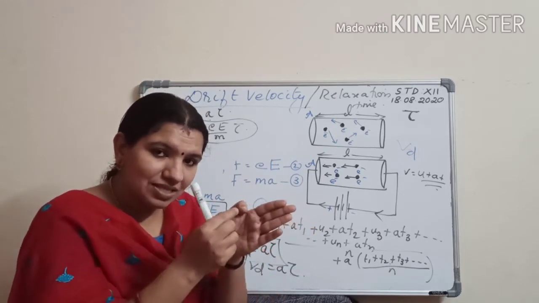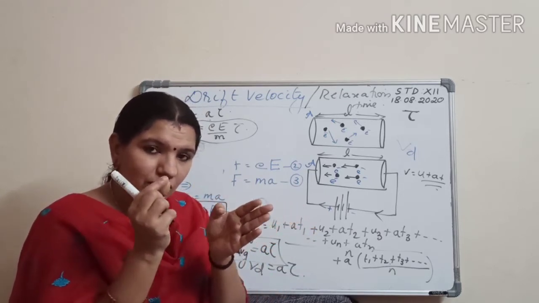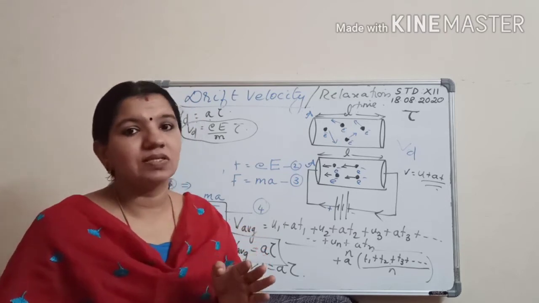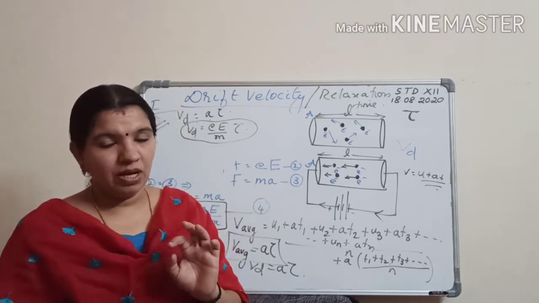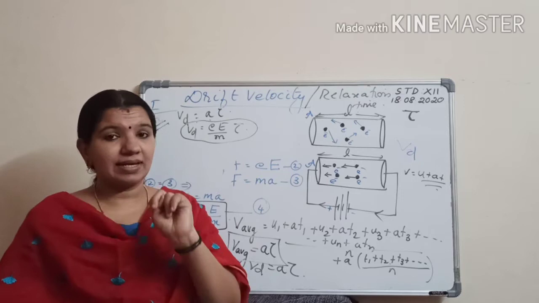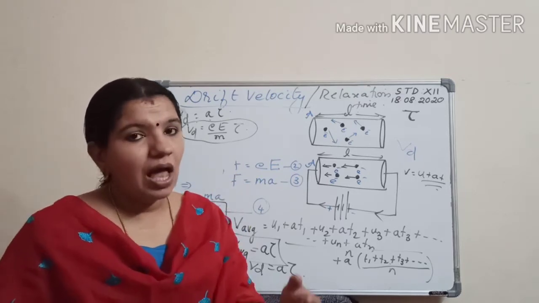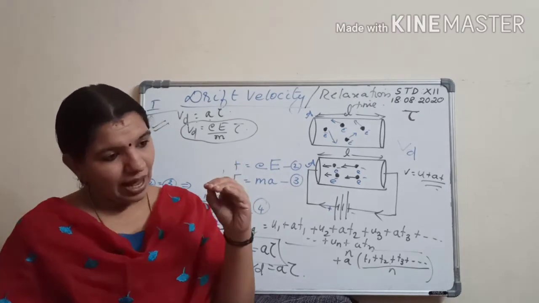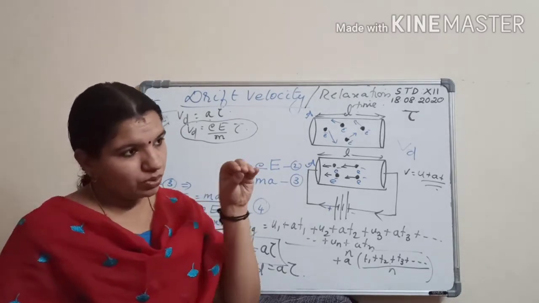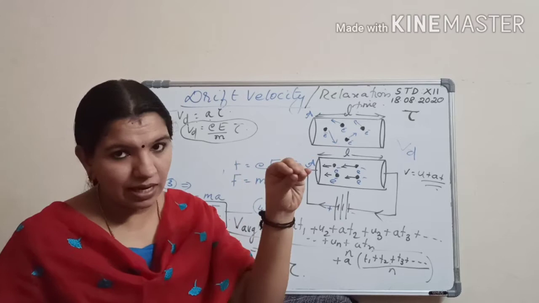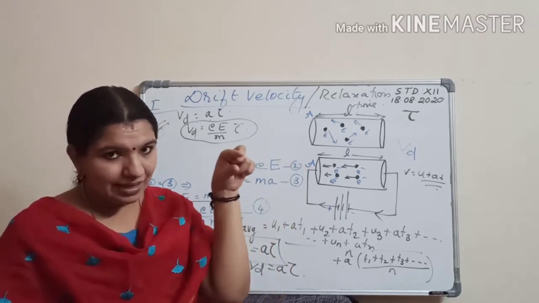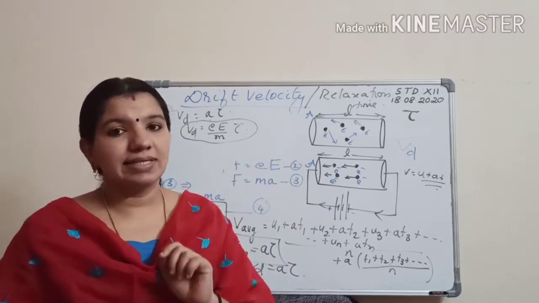At that time there is a small time interval, no? That small time interval is known as the relaxation time. The time interval between two successive collisions. Always electrons are colliding since they are randomly moving, and during their movement, first they collide, then after collision they will move to some other side to collide with the next electron. So during that moment, that gap, that is called the relaxation time.